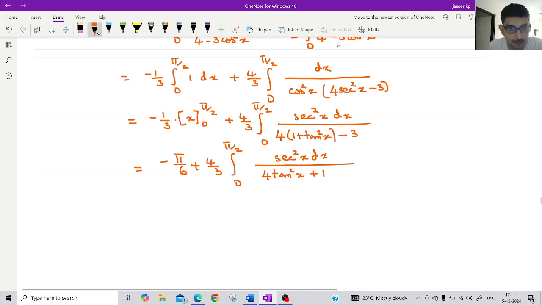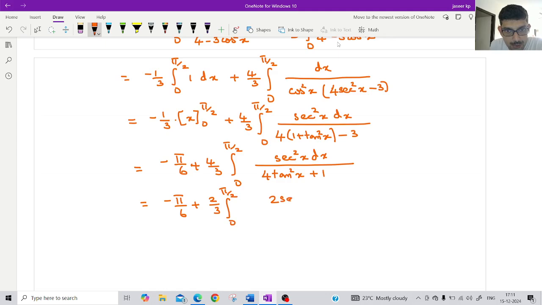So now the first part is minus pi by 6, then this one we will be rewriting as 2 by 3, 0 to pi by 2, 2 secant square x dx divided by 1 plus 2 tan x the whole square.